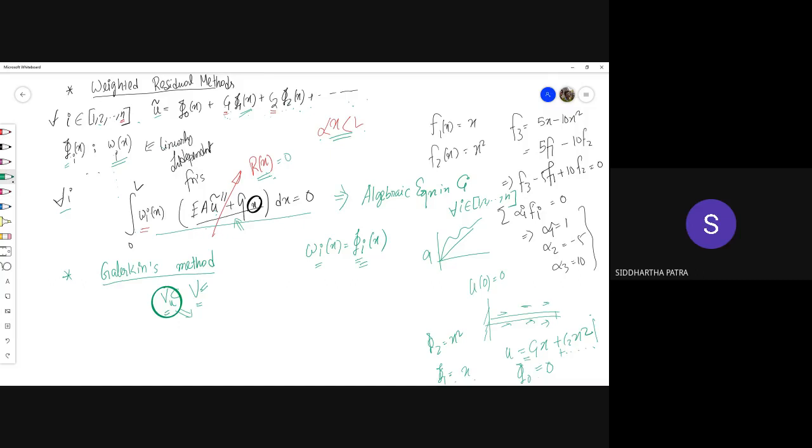You take this equation and multiply it with a certain weight, and the number of weight functions should be the same as the number of trial functions, and the count begins from phi 1. With that, you will get n number of linear equations, and once you solve them, you get the approximate solution that minimizes this weighted residual.